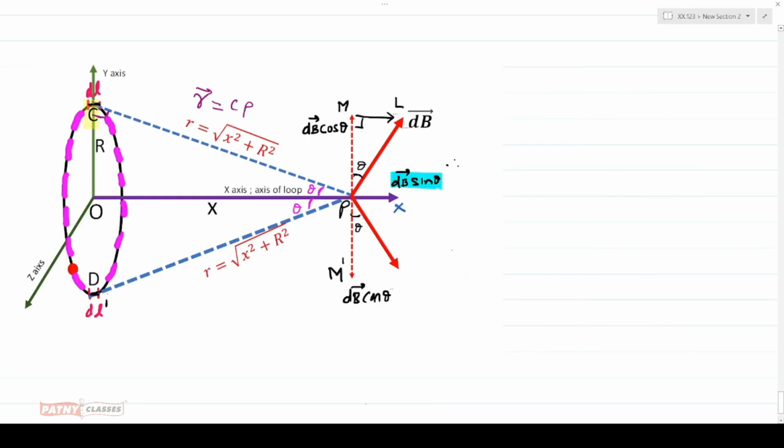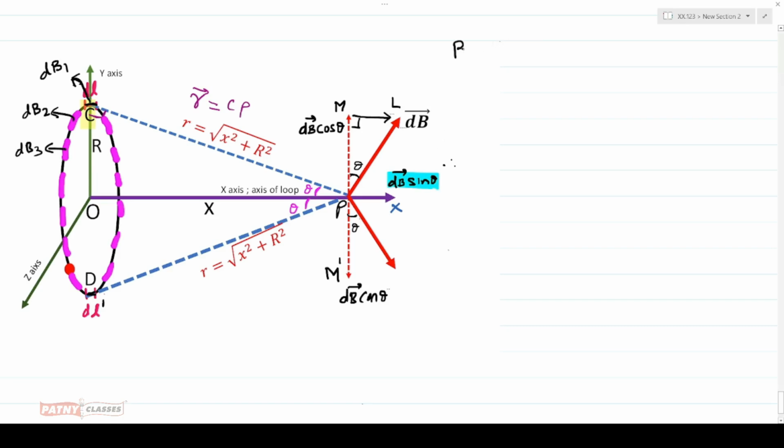The first current element will produce magnetic field dB1, and the second one will produce magnetic field dB2 at the point P, like this the third element dB3, and so on.